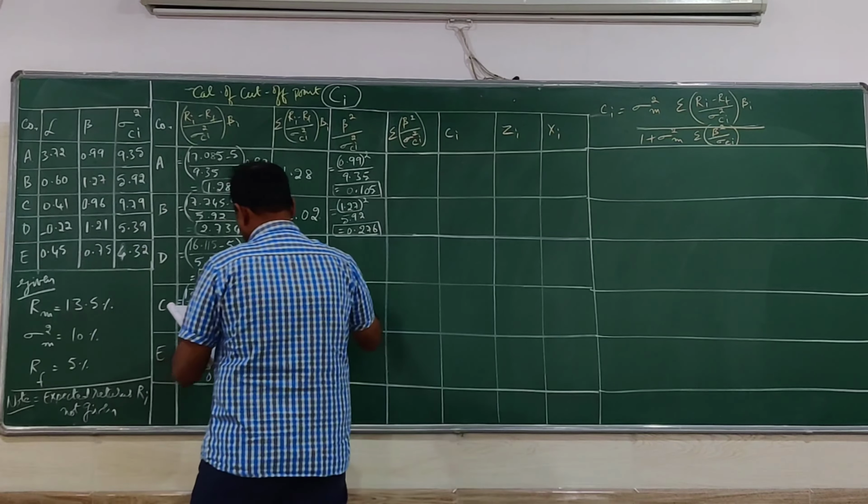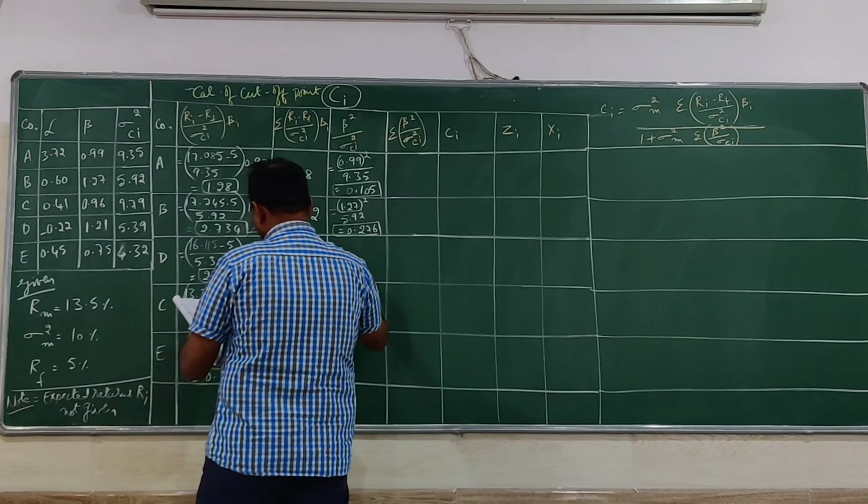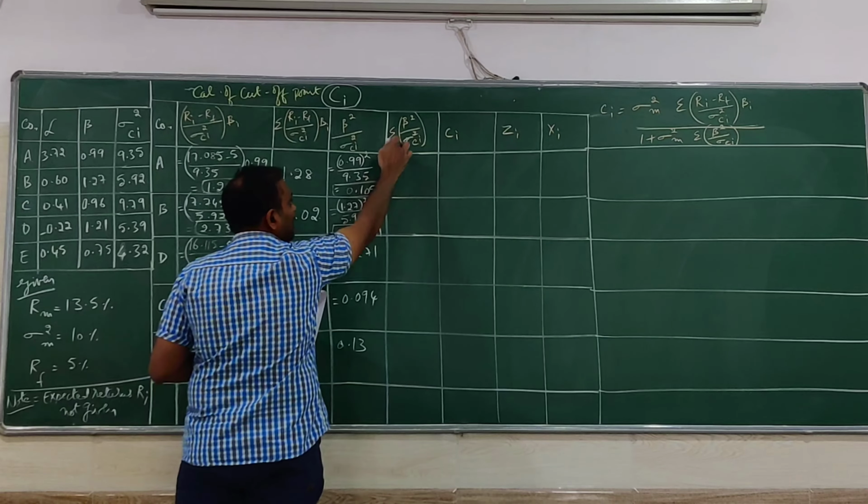The values or the answers we are going to get here: 0.271 for D, 0.094 for C, 0.13 for E, the last one. So we have to substitute and find the values. Again we have to go for the cumulative. You can see the symbol here, summation.